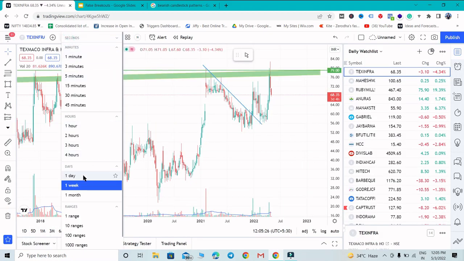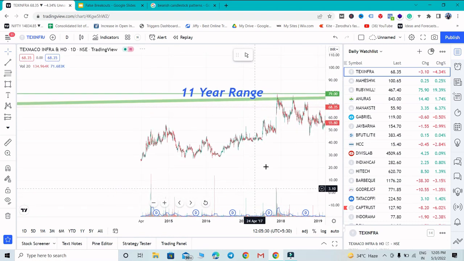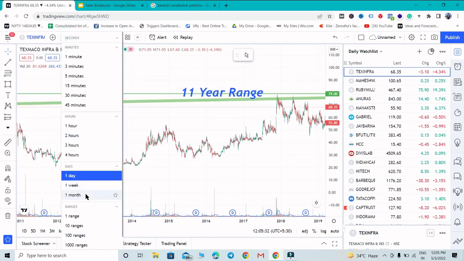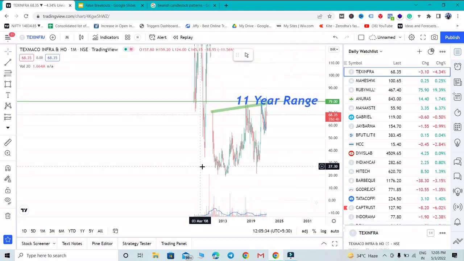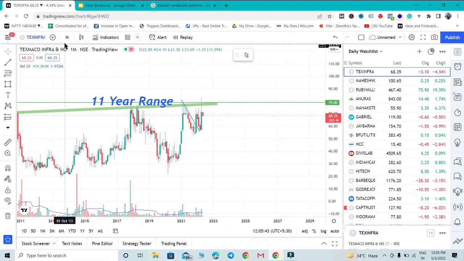Here we can see that this is a very good resistance zone. I'll open the higher time frame. Around 75 to 80 levels, this is a very good resistance zone.